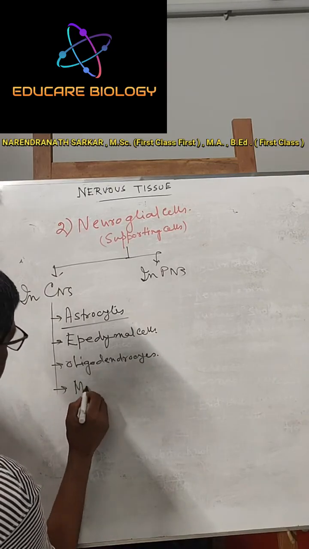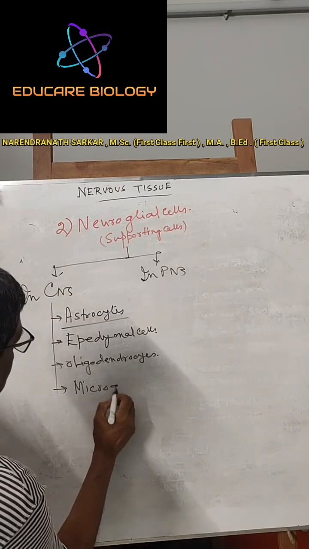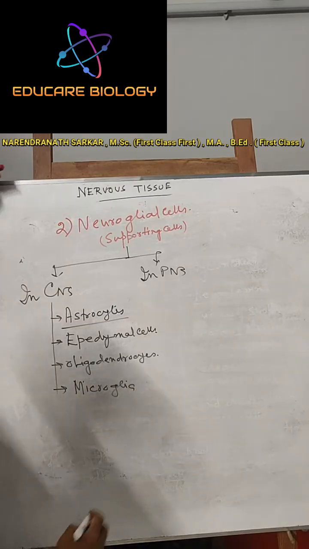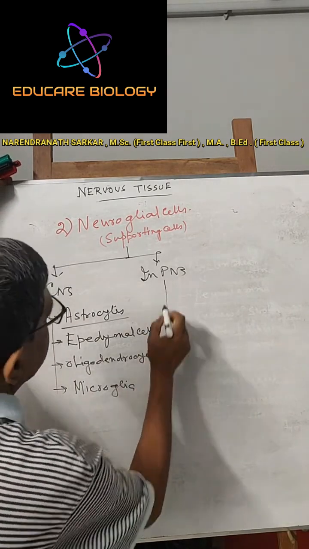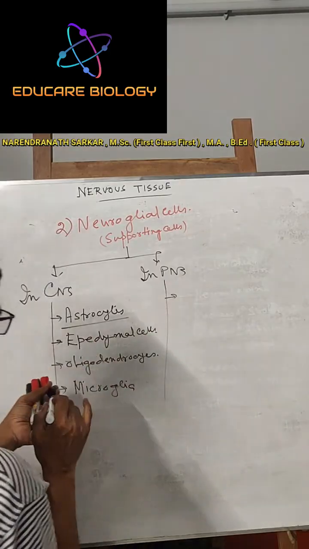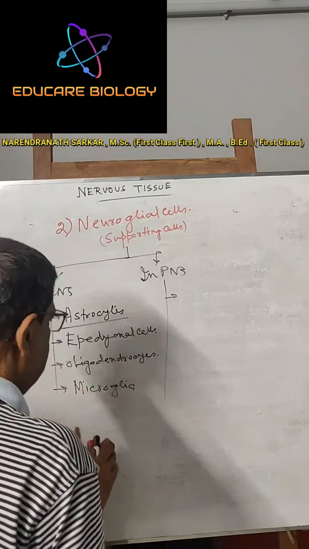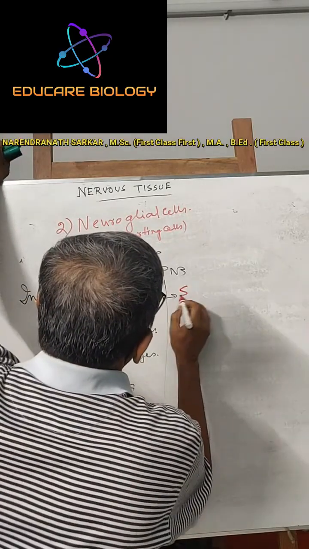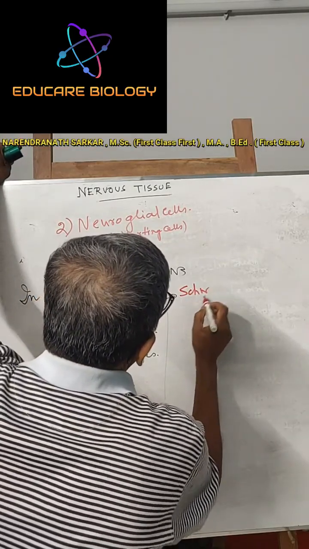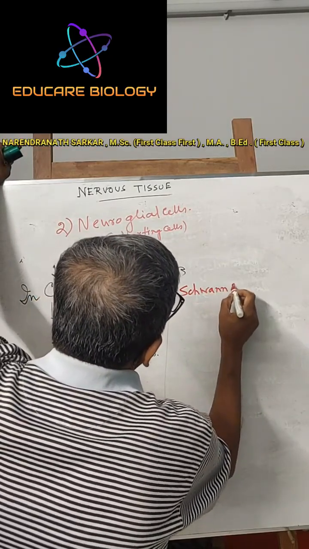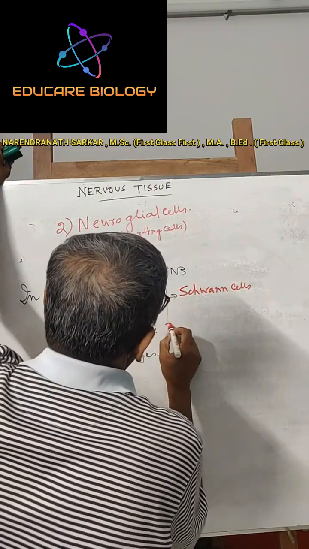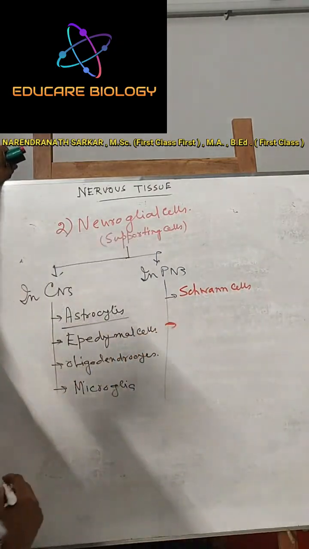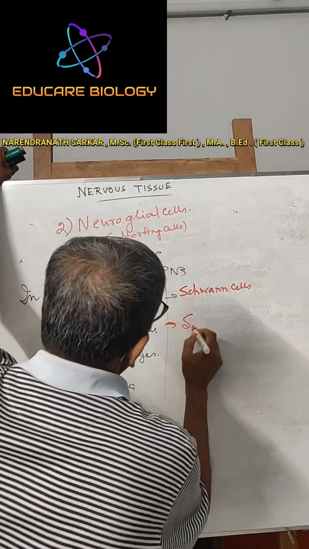Number 4, microglia. In the peripheral nervous system, the neuroglial cells are Schwann cells and satellite cells.